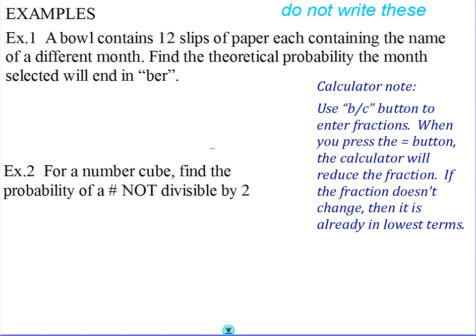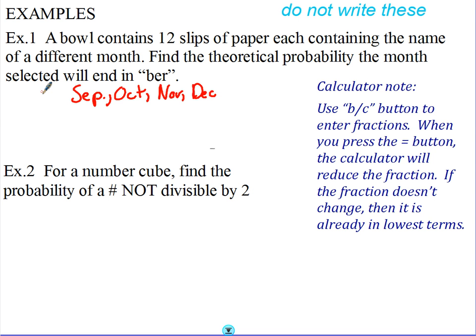A bowl contains 12 slips of paper, each containing the name of a different month. Find theoretical probability the month selected will end in ber. So, out of the 12 months, we have September, October, November, and December.